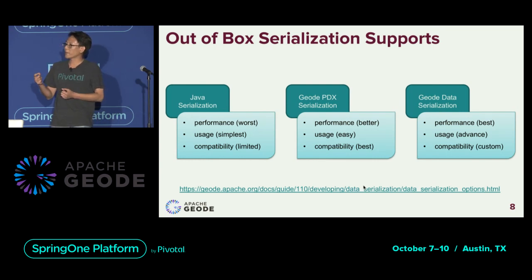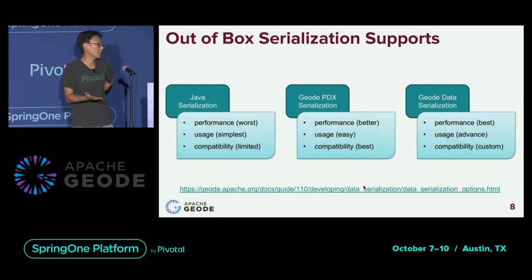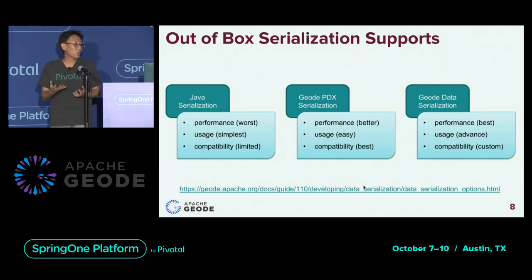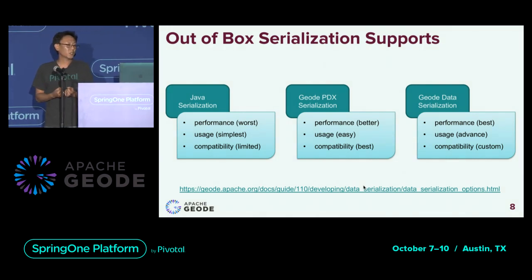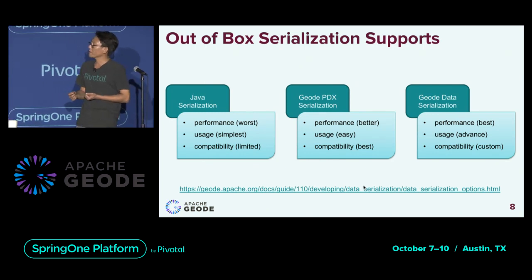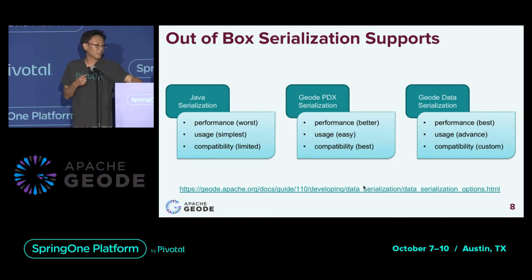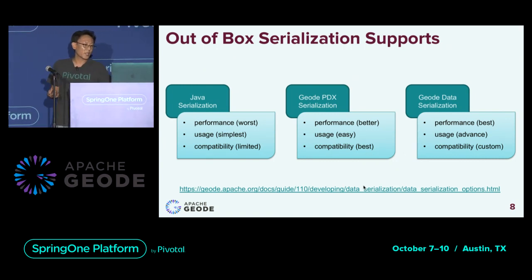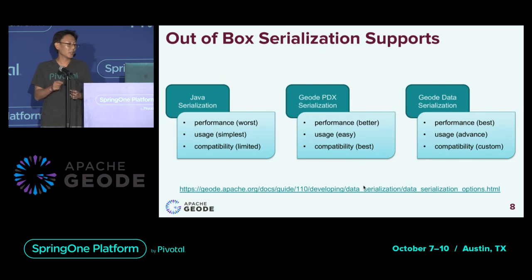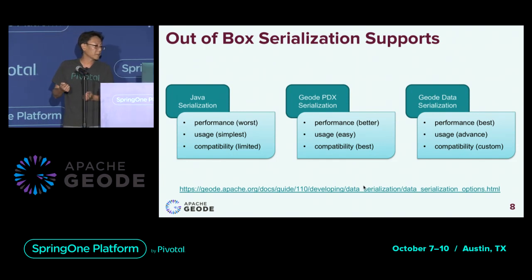If you have a Java class, you implement Java Serializable. That's just basic Java stuff. Then we also have Geode PDX. PDX stands for Portable Data Exchange. And then there's another one, Geode data serialization.